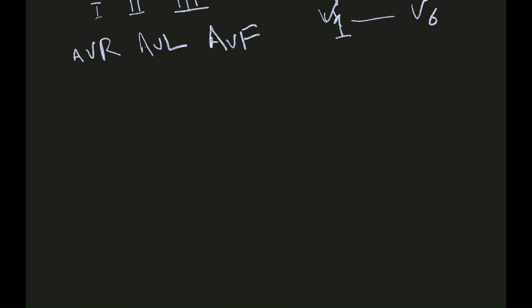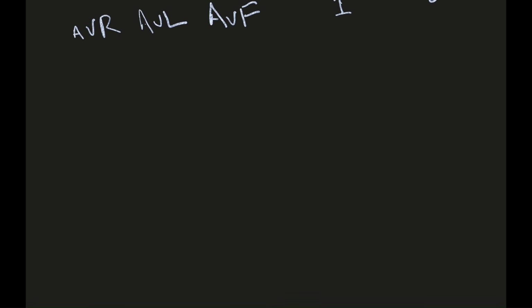Now, I'm going to draw a rough diagram about the lead placements of these ECG leads. You know the precordial leads, if I draw a sternum like this, they are placed like this.